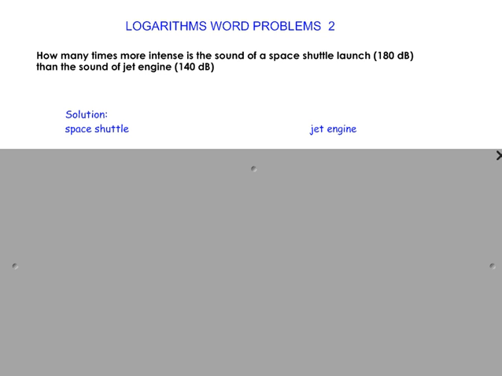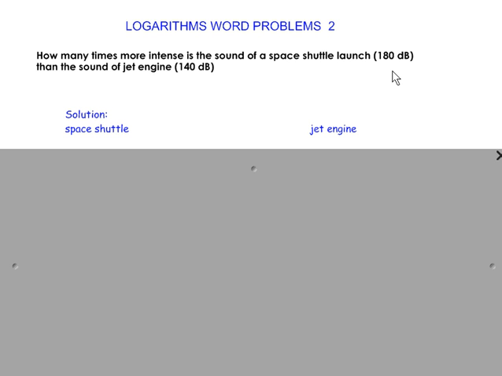So the second question now involves sound intensity, and the loudness formula here is very similar to the earthquake formula. So we have two objects that produce different sound levels.